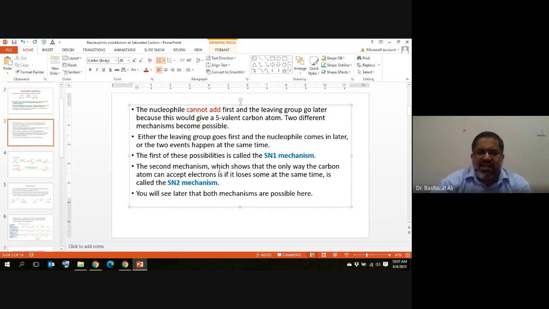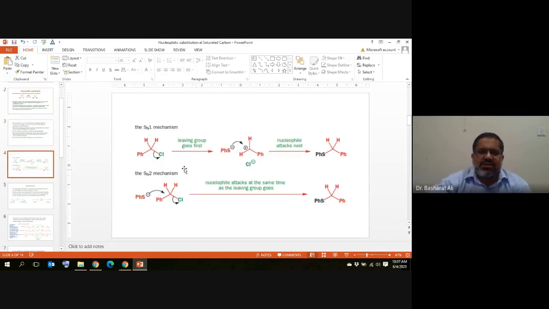And the second mechanism, which shows that the only way the carbon atom can accept electrons is if it loses some at the same time, is called the SN2 mechanism. You will see later that both mechanisms are possible. From this example, you can understand the SN1 mechanism and the SN2 mechanism.